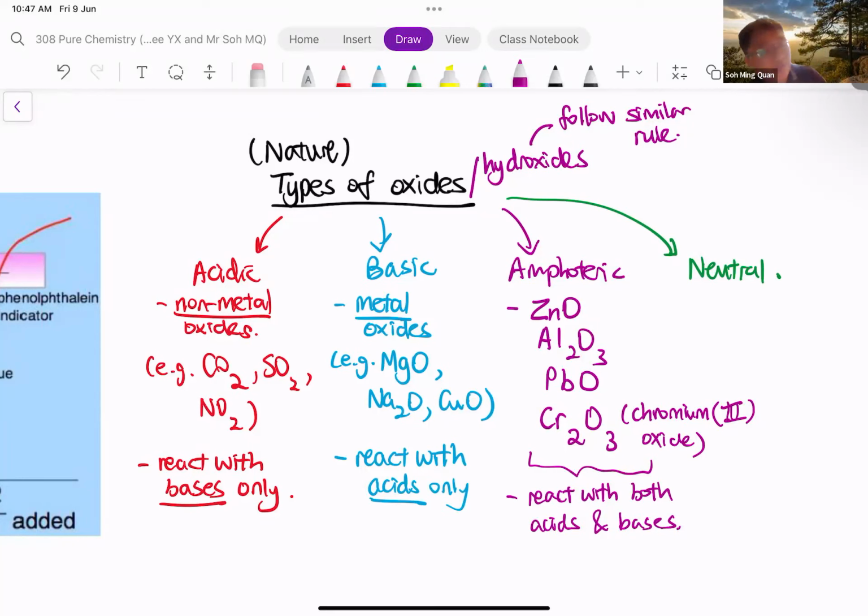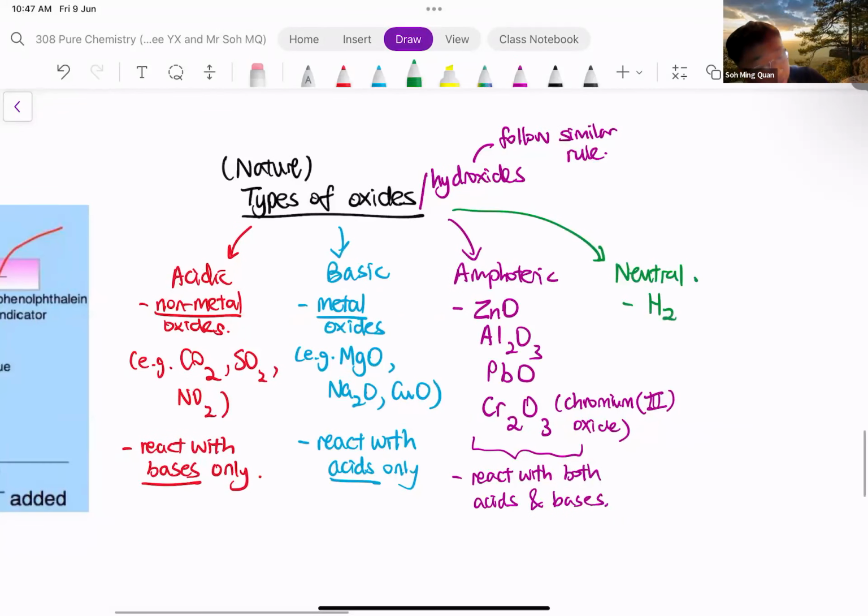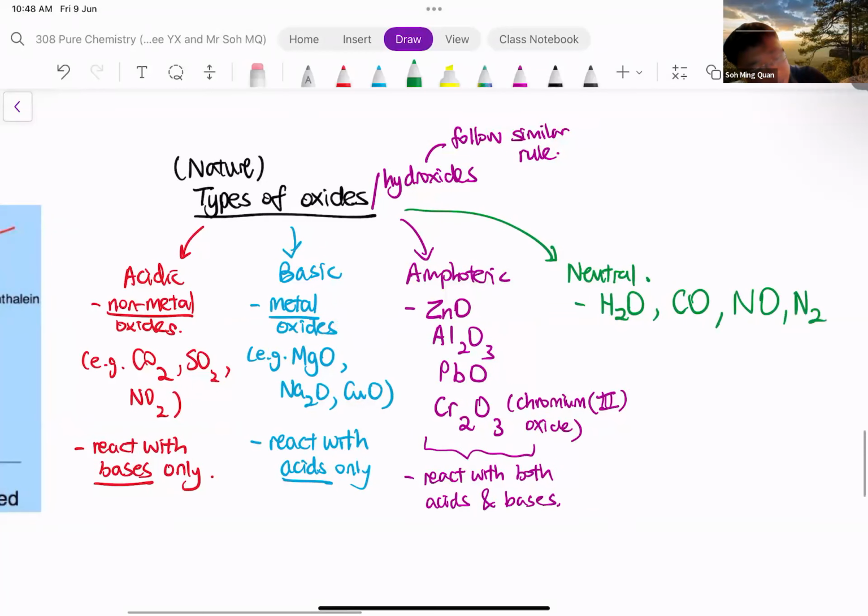Okay, and finally, neutral. Now it's better to memorize again which ones are neutral. Water is the best example. Water is definitely neutral. Water has a pH equals to 7.00. Okay. Carbon monoxide, neutral. Nitrogen monoxide, neutral. Nitrous oxide, another oxide of nitrogen, also neutral.